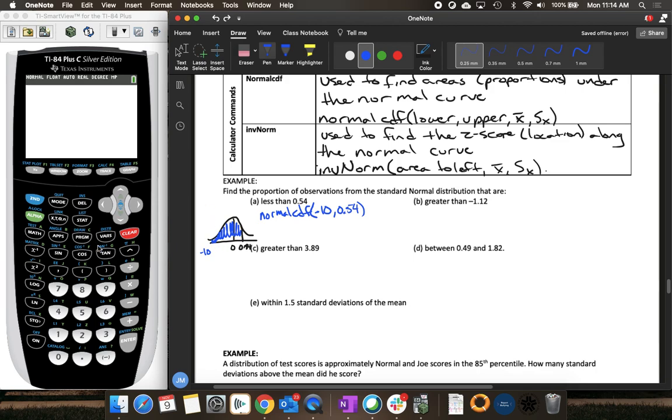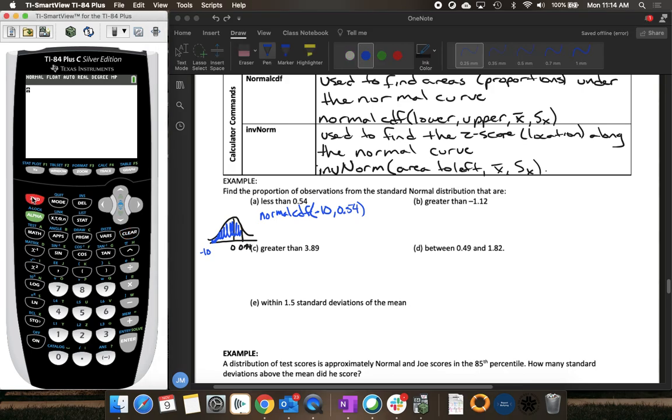So to get normalcdf, here's the way you will get there. You'll hit the second button, followed by the vars button, where it says distribution over the top of it. So underneath the arrow keys, second, and then vars. And then option number 2 is normalcdf.